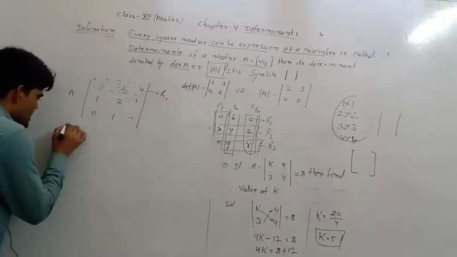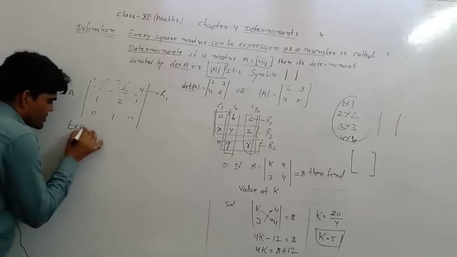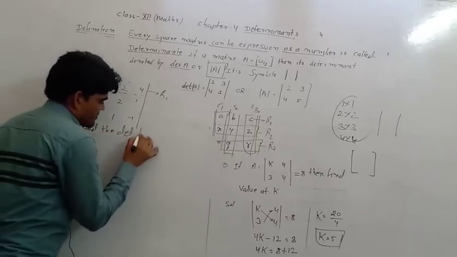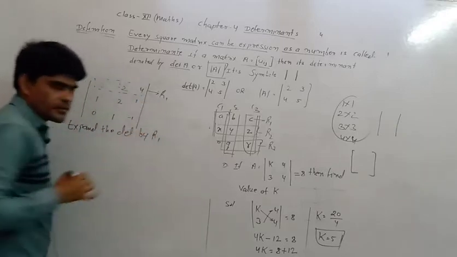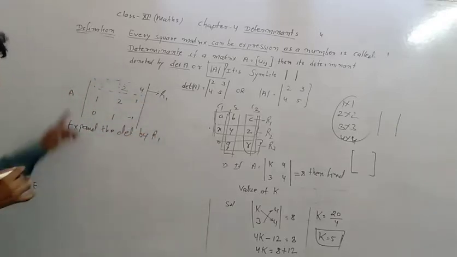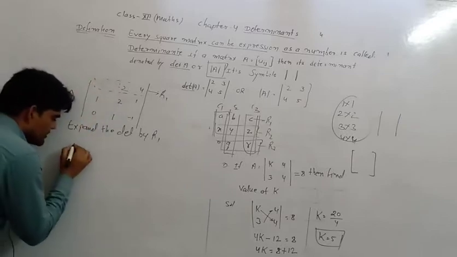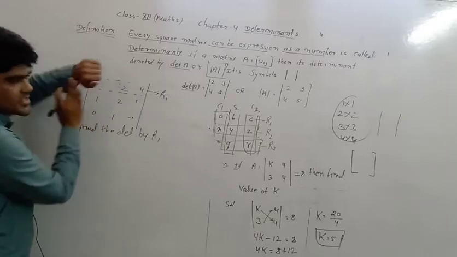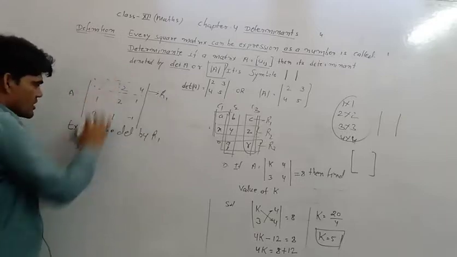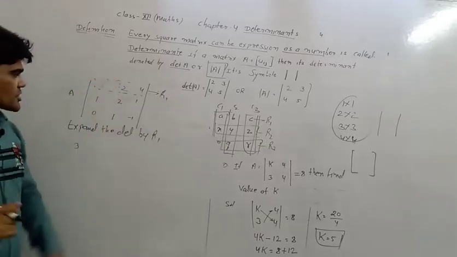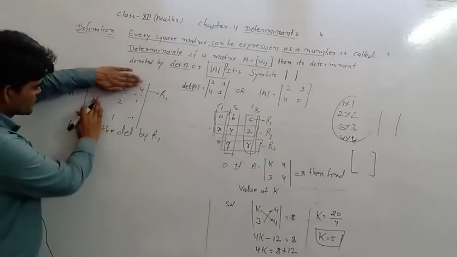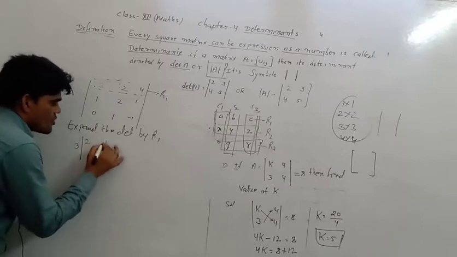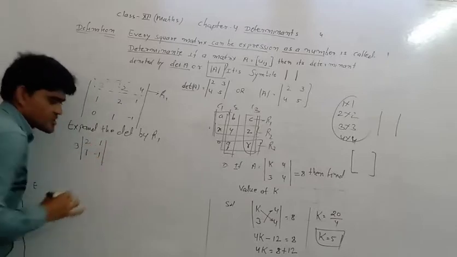It means expand the determinant by R1. Okay, then first we write 3 and shade the portion, this row and this column, first row and first column. Then we get a 2 into 2 matrix, 2 1 1 minus 1.